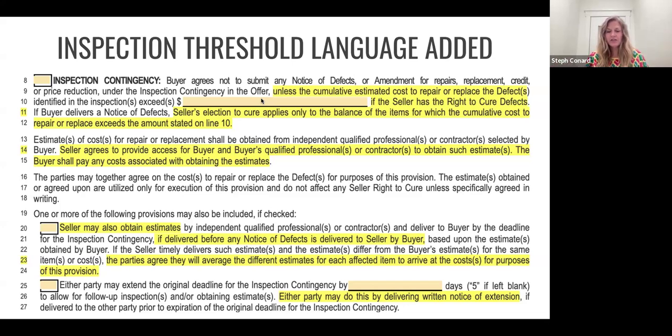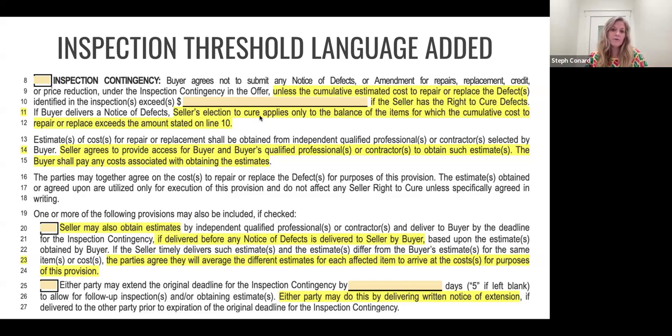inspection negotiation. So, once we exceed this $5,000 threshold amount, really the buyer has the ability to still continue to ask for whatever they want to ask for from the seller in terms of negotiating. They don't have to have that $5,000 threshold in mind.